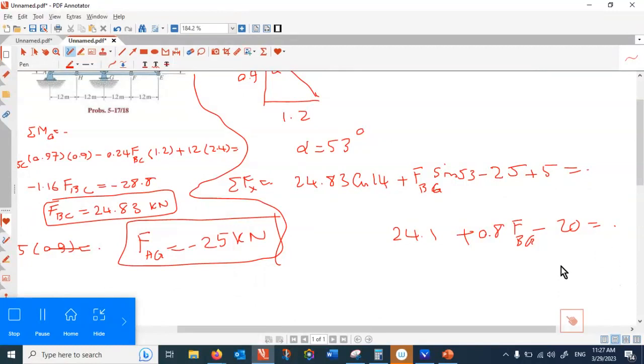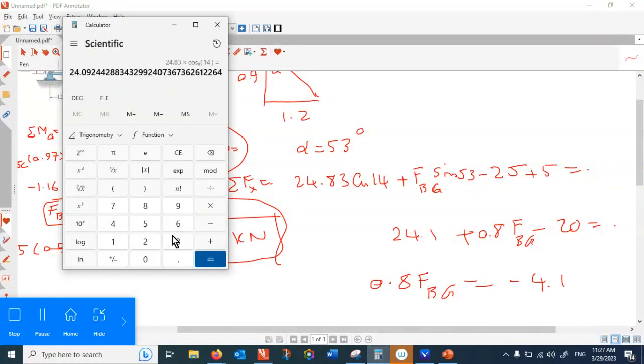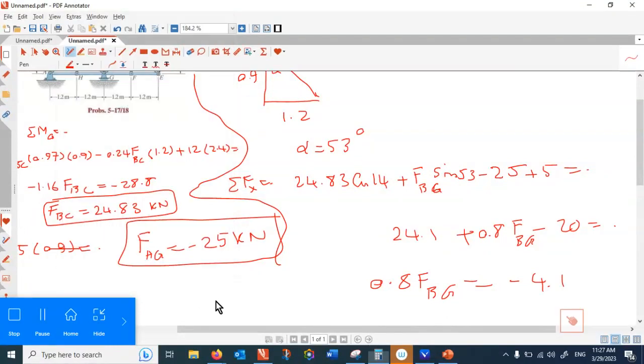So 0.8 FBG is equal to minus 4.1, correct? So FBG is minus 5.